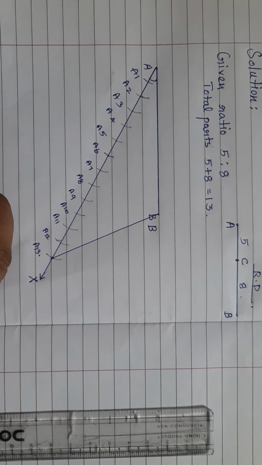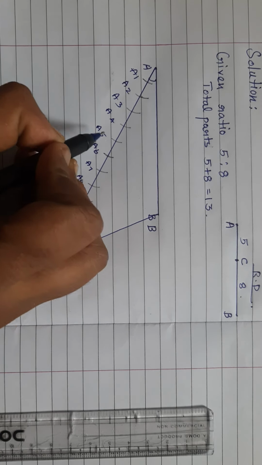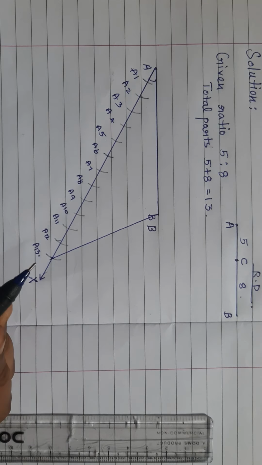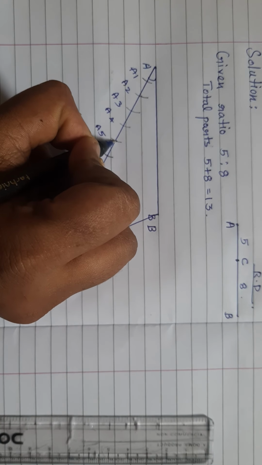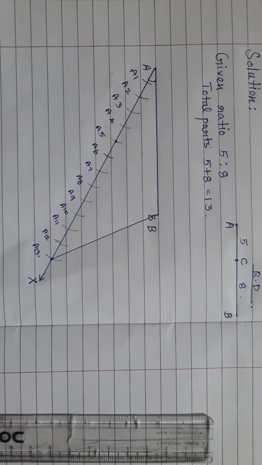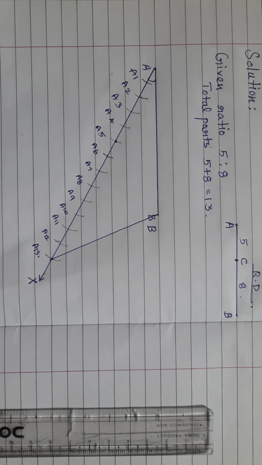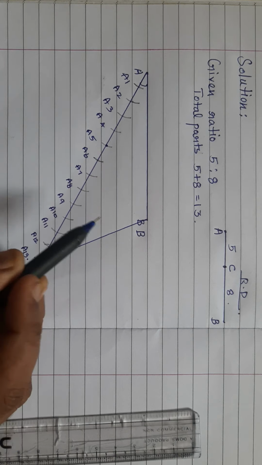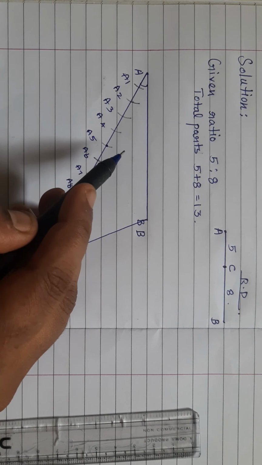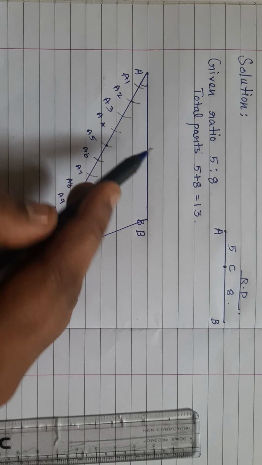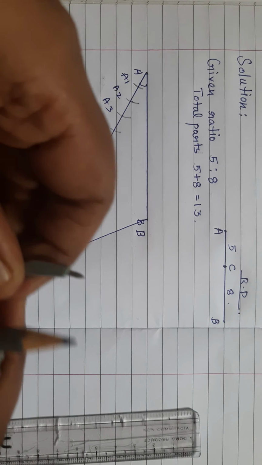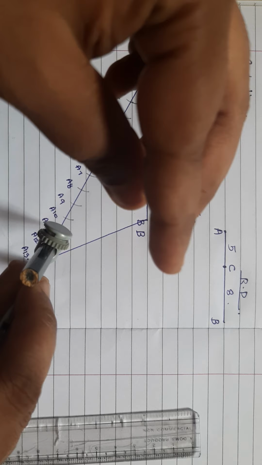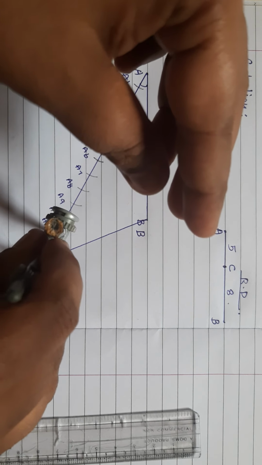So here you are going to take A5. Using A5, use the compass to draw a line parallel to A13B. For this parallel line you have to do A5C. So take the compass, draw one arc angle.